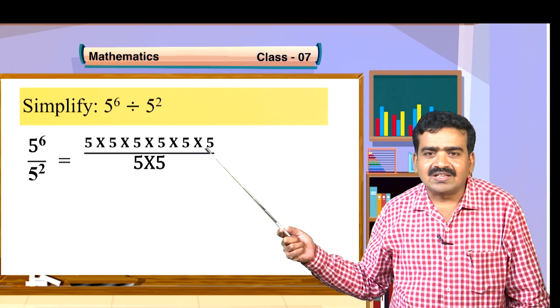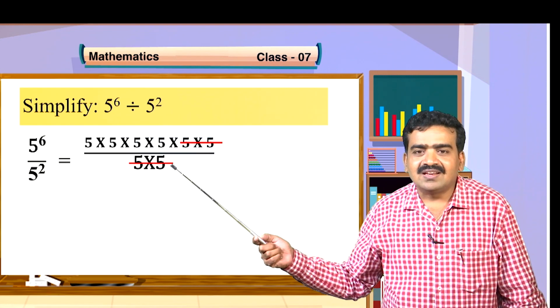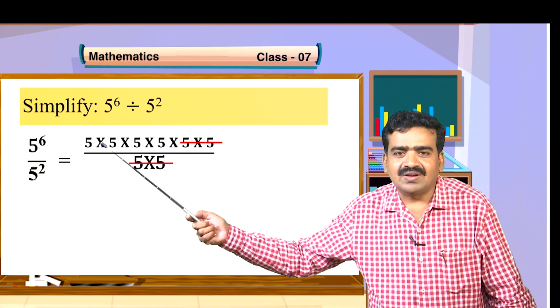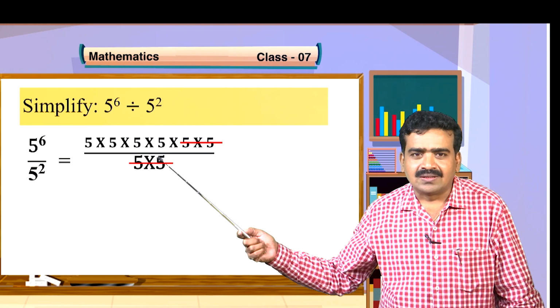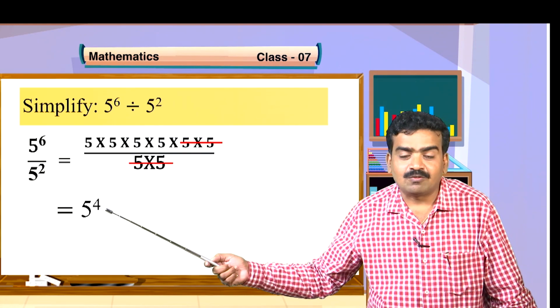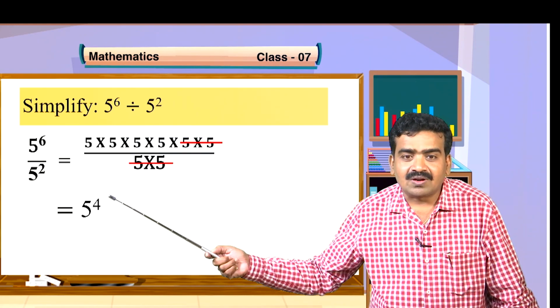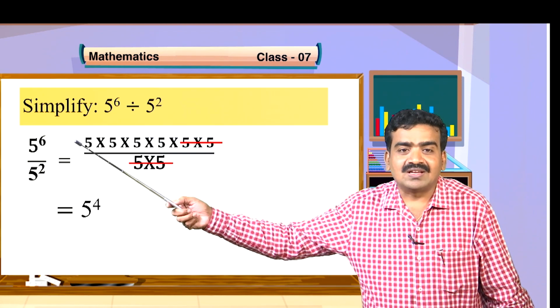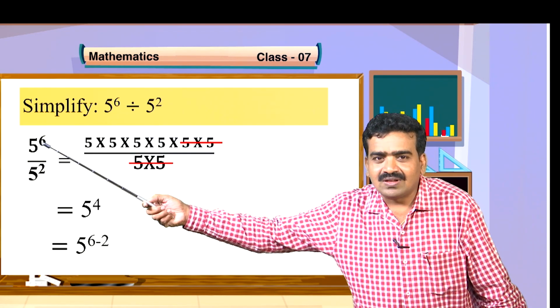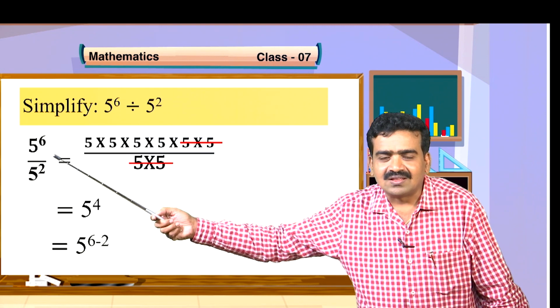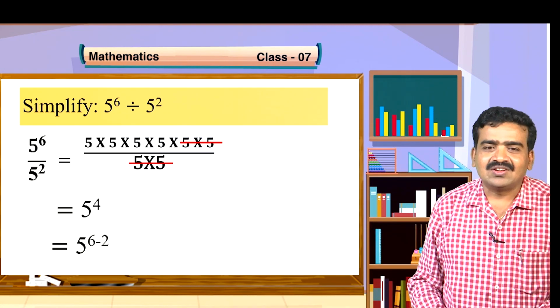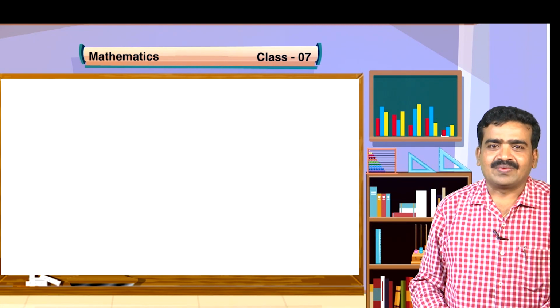Here 5 into 5 is going to cancel each other. The remaining numbers are 5 into 5 into 5 into 5. So, 5 to the power of 4 is left behind. This 5 to the power of 4 is equal to the difference of 6 and 2, the difference of the exponents in the numerator and denominator.